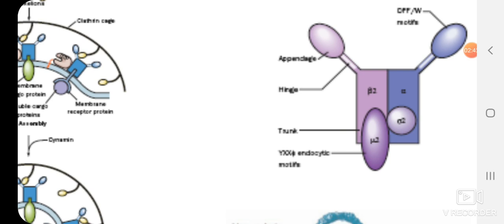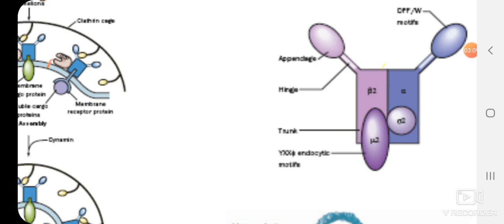These receptors, on their cytosolic side, carry a sequence of amino acids which is exactly recognized by AP2 and bound. That sequence is YXXΦ, where Y is a tyrosine, XX can be any other amino acids, and Φ is usually a hydrophobic amino acid.